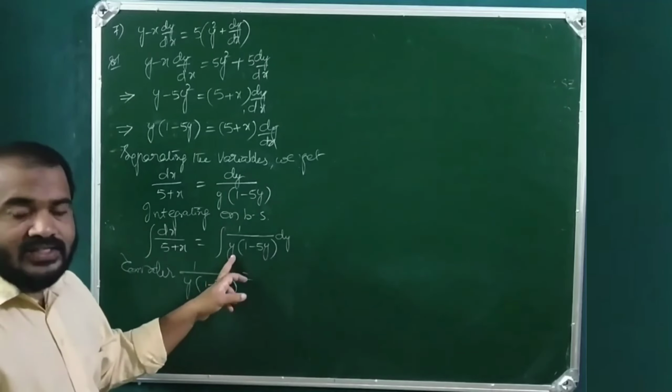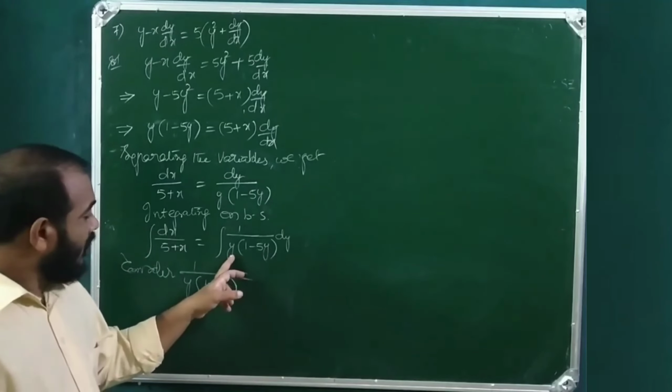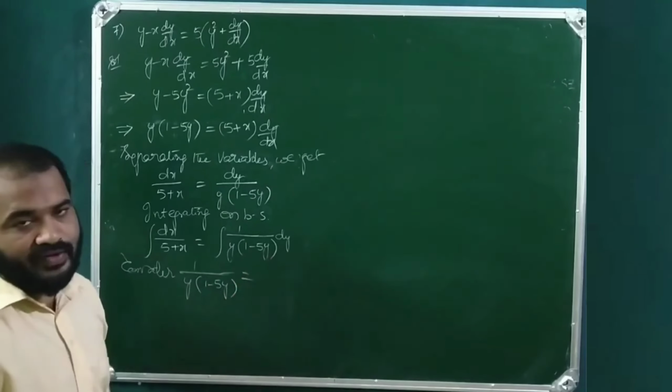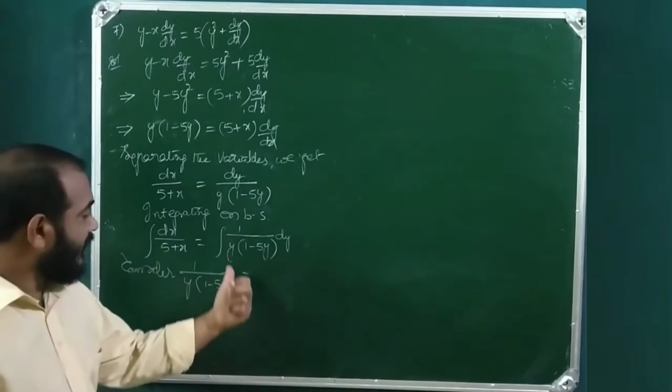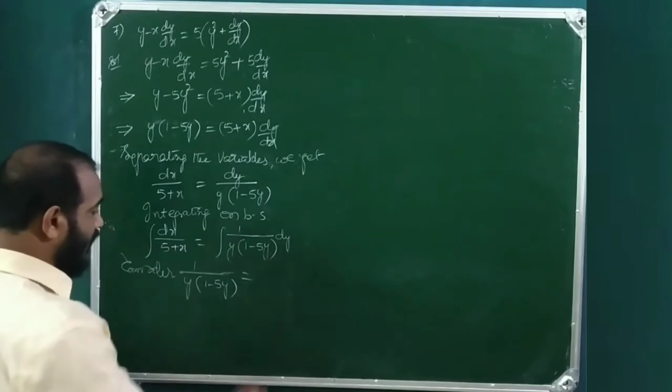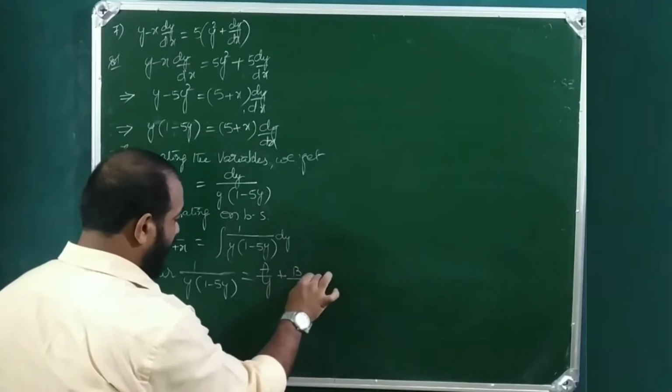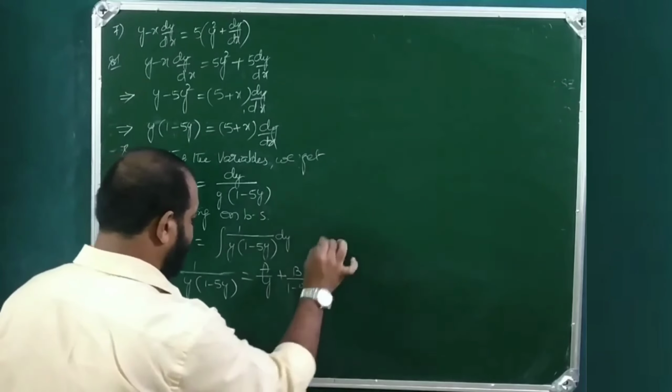Here y is a linear expression and here also 1 minus 5y. Non-repeated linear factors y and 1 minus 5y. So it could be written as a by y plus b by (1 minus 5y).